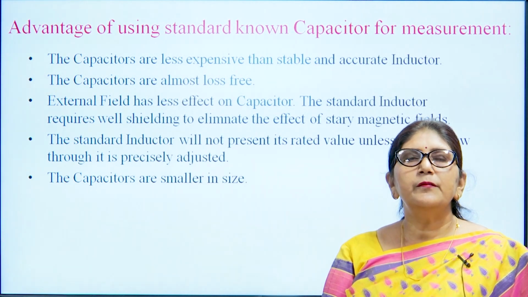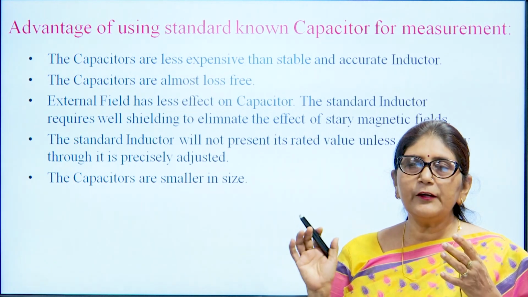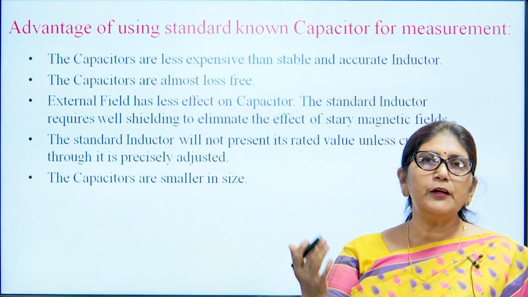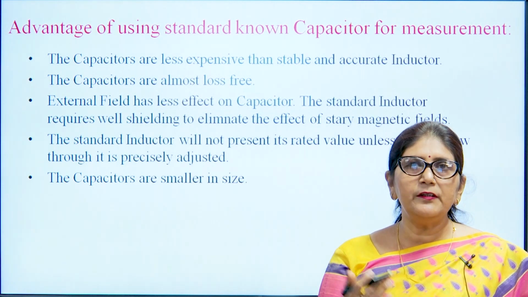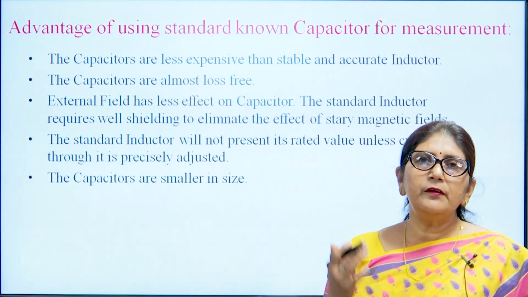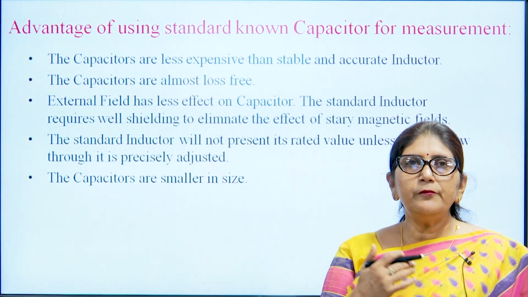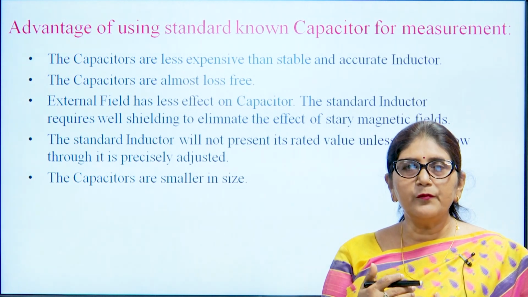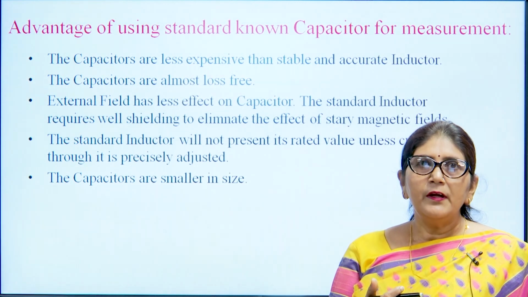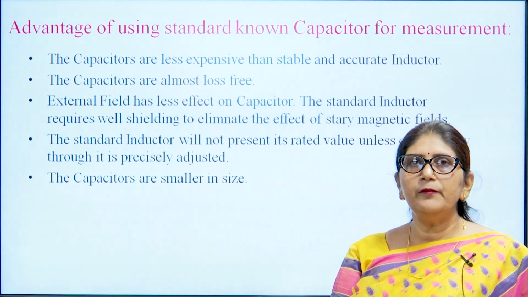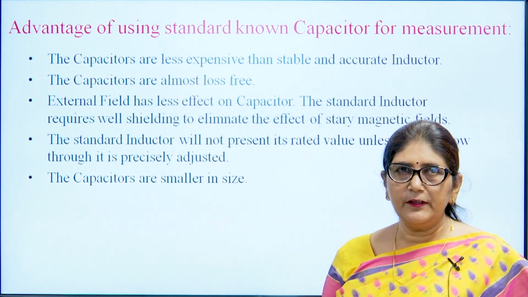With inductors, there is electromagnetic field variation, and that will affect the function of the inductor, but external field loss in the case of a capacitor is very low. Standard inductors require good shielding to eliminate the effect of stray magnetic fields.